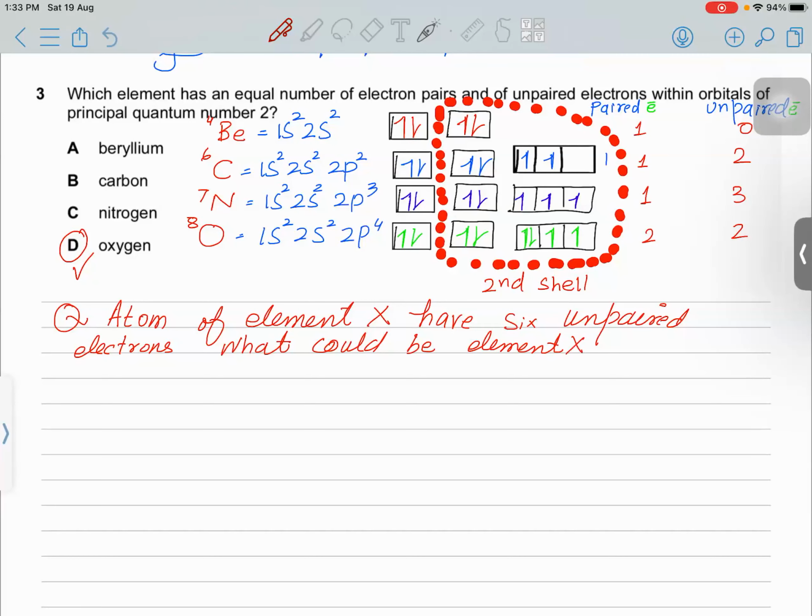What could be element X? A carbon, B chromium, C iron, D selenium.